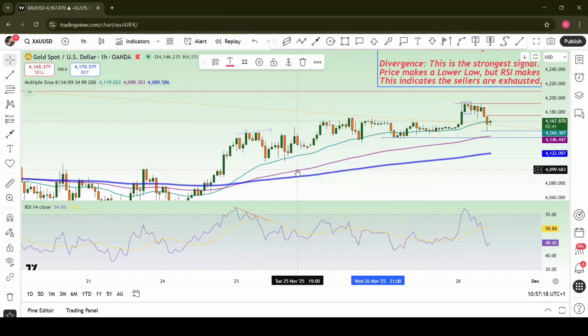So if you want to set any big take profit target, the first thing is patience. That is the example for you when we use the RSI divergence on the chart.